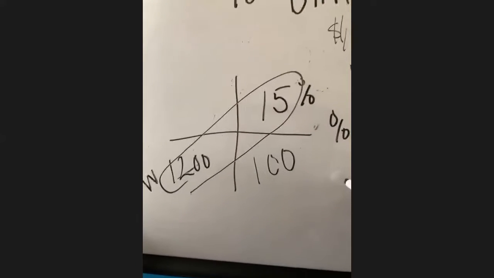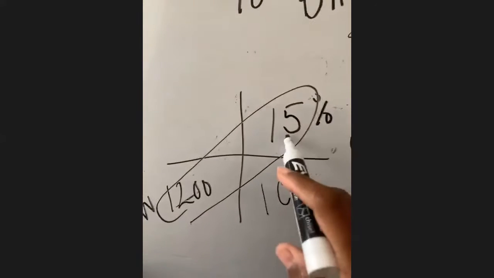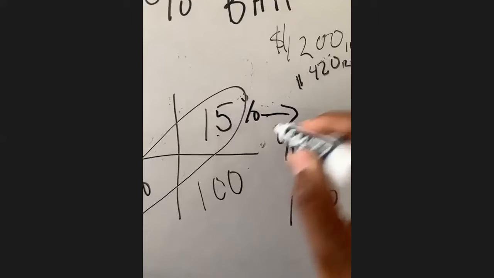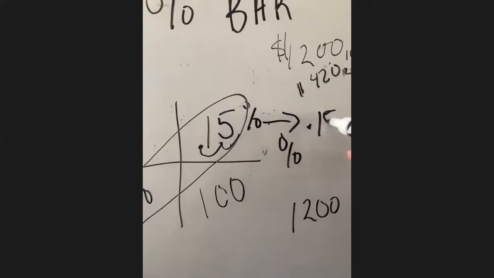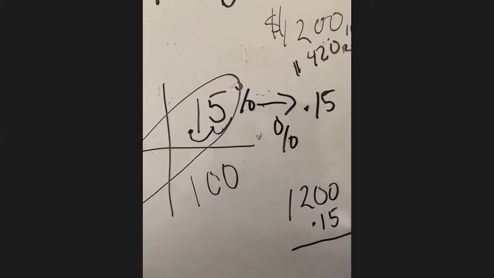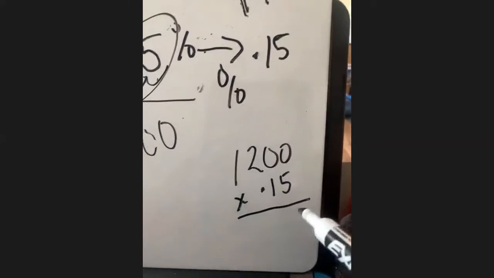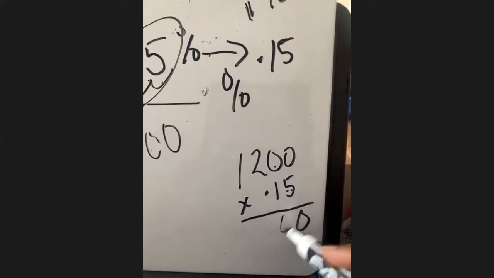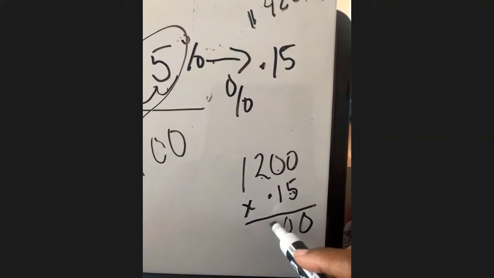All you need to do is take 1,200 times 15, right? And remember I said, convert this 15 into a decimal, 1, 2. So you got 0.15. So you would take 0.15, and you would multiply. 5 times 0 is 0. 5 times 0 is 0. 5 times 2 is 10.